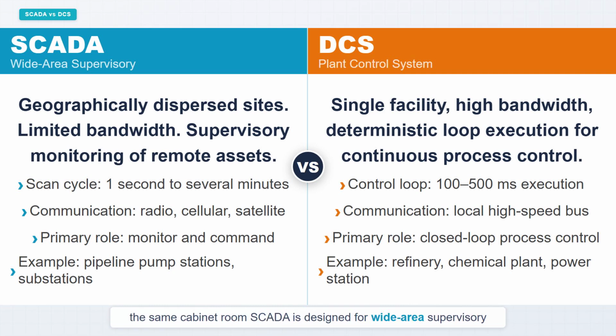SCADA is designed for wide-area supervisory monitoring where the distances are too great for direct wiring and the communication bandwidth is limited. A SCADA scan cycle might be 1 second to several minutes, while a DCS loop executes in 100 to 500 milliseconds. Both can coexist in the same facility. A refinery might have a DCS for process control and a SCADA system to monitor a remote off-site storage terminal.